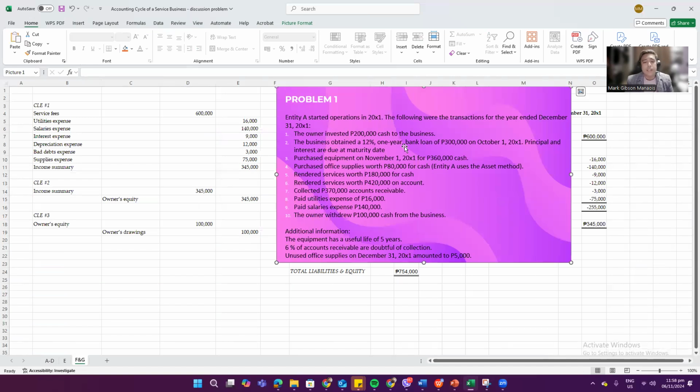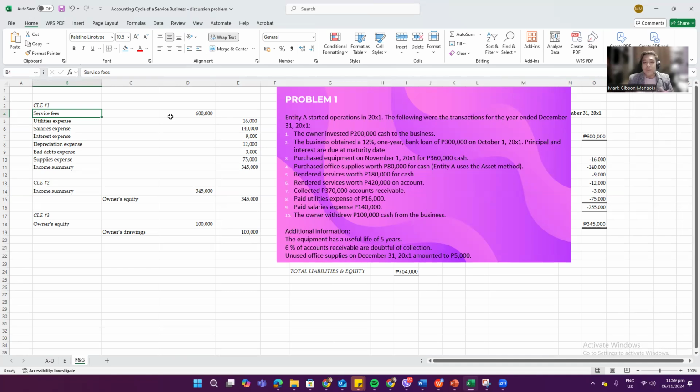Remember class, earlier, there are requirements to do closing entries. No? So sabi natin, all the accounts in the income statement, normally we call them temporary accounts or nominal accounts. We're closing them at the end of the year. No? So all the expenses, so di ba service fees or service revenue, the normal side is credit.